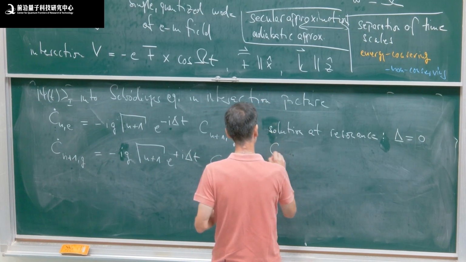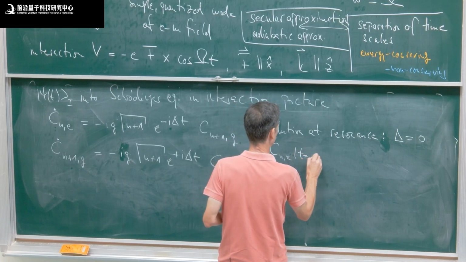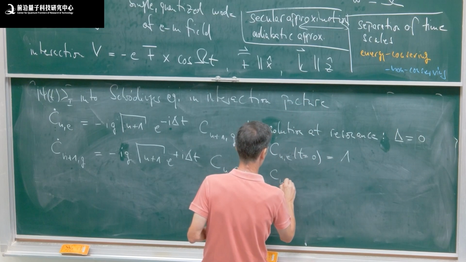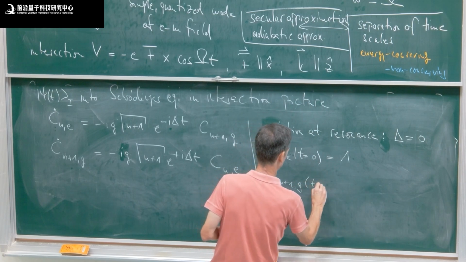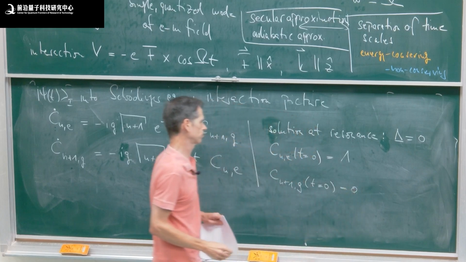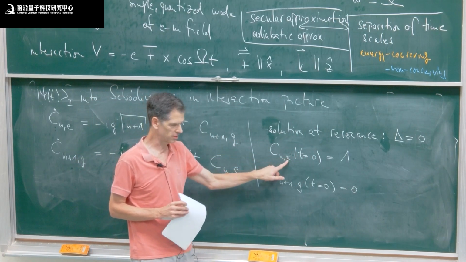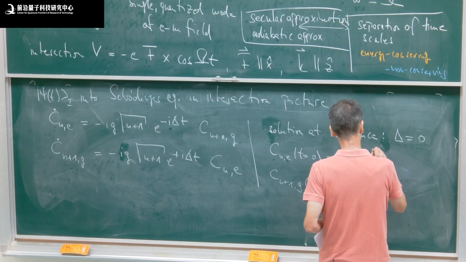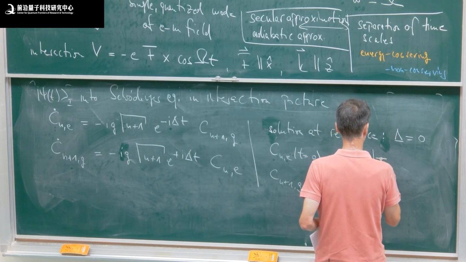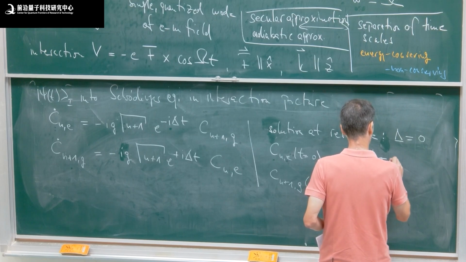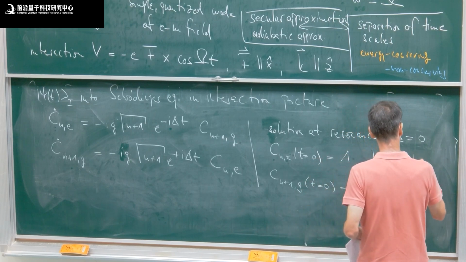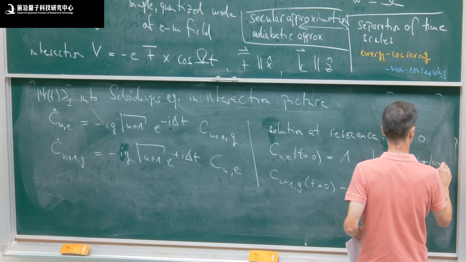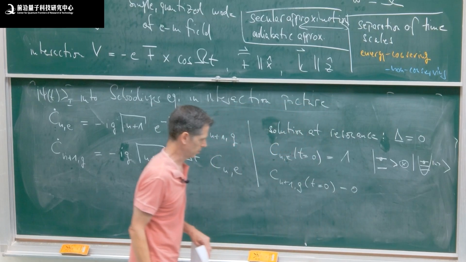And for the initial condition, C_n,e at time t equals 0 equals 1, and C_n+1,g at time t equals 0 equals 0. So the atom is initially in an excited state, and the harmonic oscillator is in the state n. So this is the excited state, tensor n. Okay, so that's my initial state.